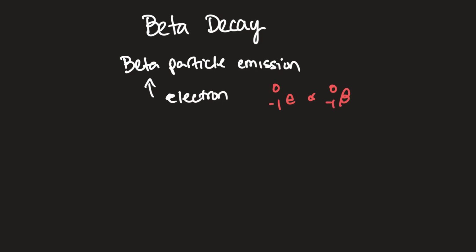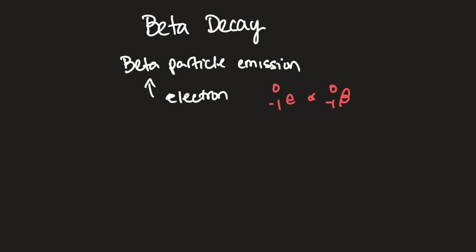But what ends up happening through this nuclear reaction is that you will see a decrease in the atomic number. It's not strictly like an atom that's losing an electron, but it gets really complicated, more than I'm going to talk about in this video.